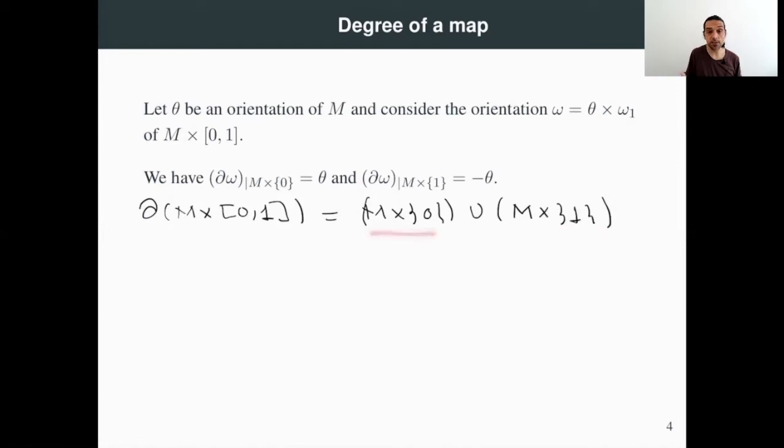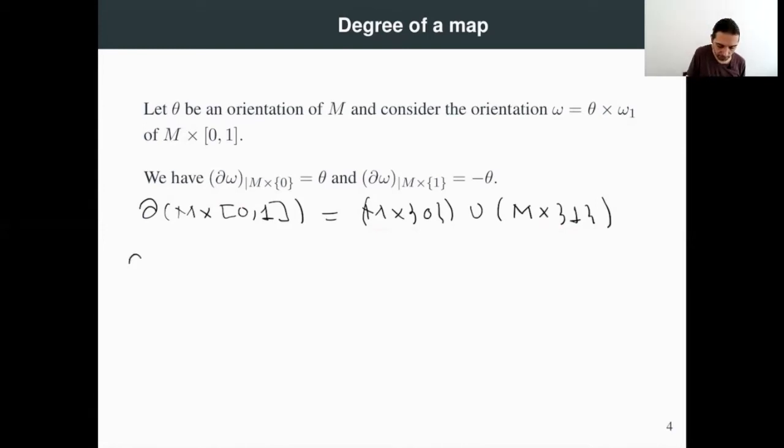One of them is the orientation theta, because we can identify any of these sets with M. But the other one is the orientation partial omega induced by omega in the boundary components of our manifold M. And we want to compare those.